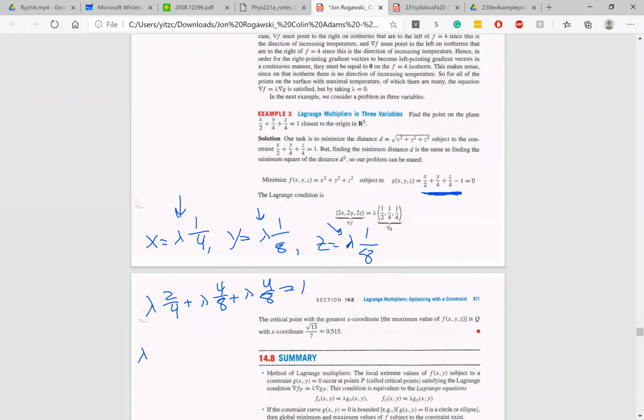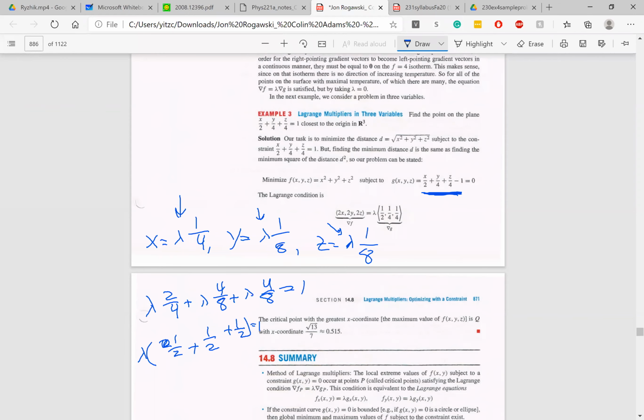So then you're going to have lambda times 2/4, so 1/2 plus 1/2 plus 1/2 is equal to 1. And this over here is 3/2. So lambda is going to be equal to 2/3.